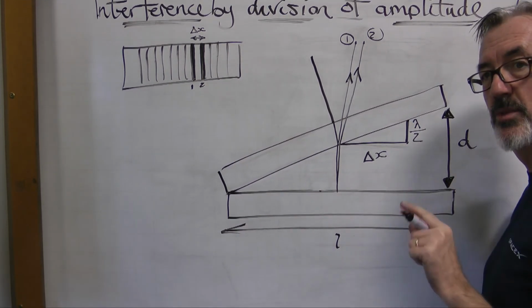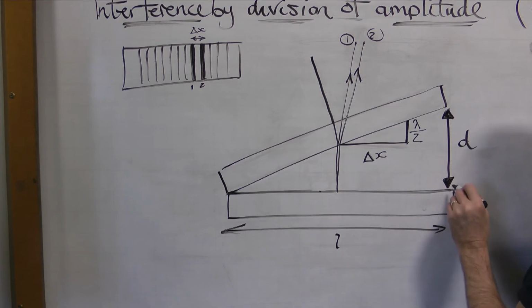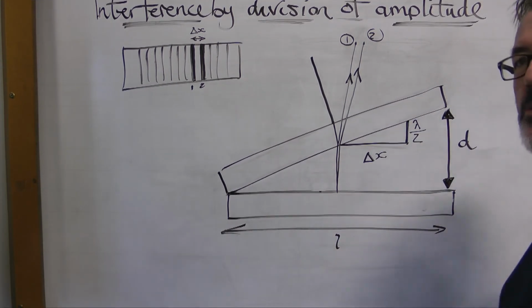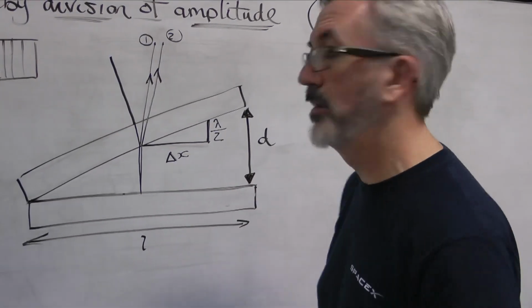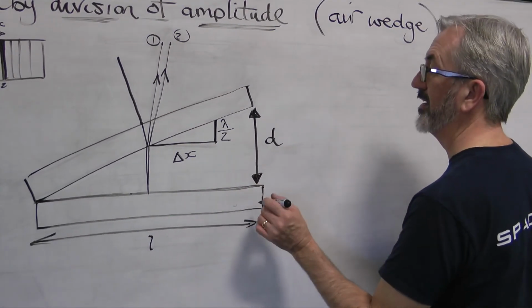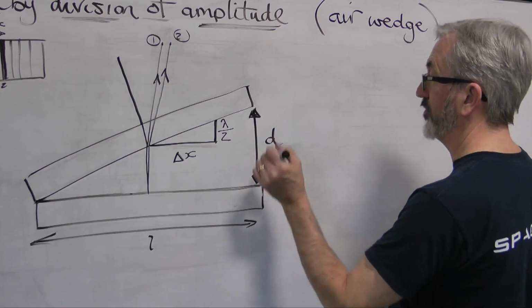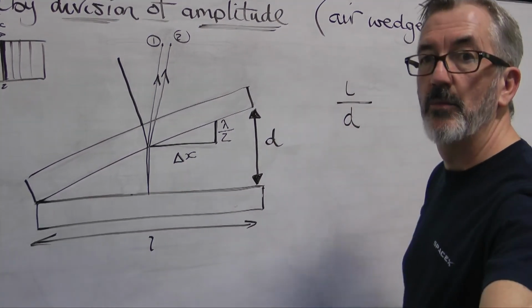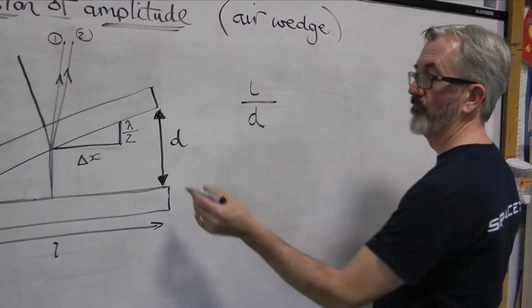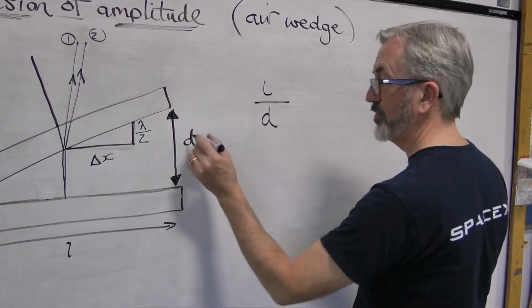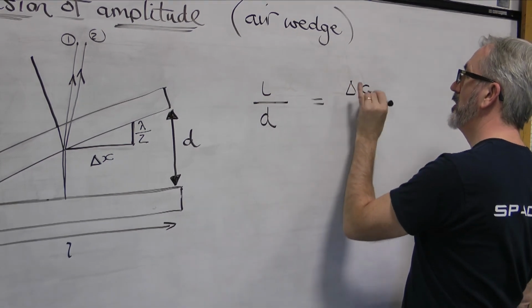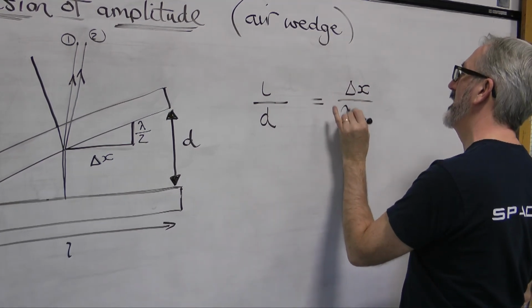Now we've two similar triangles here. We've got this triangle, D and L, and we've got this triangle. And with similar triangles, we can do a little bit of mathematics. Let's do L over D. L over D, that's horizontal side over the vertical side, will be the same as delta x over lambda over 2.